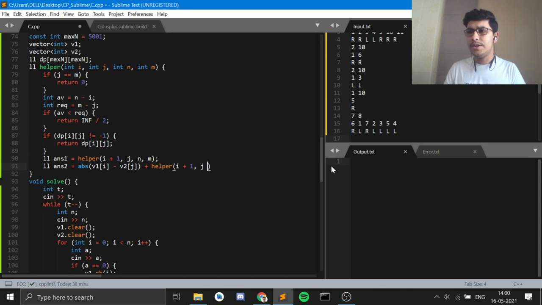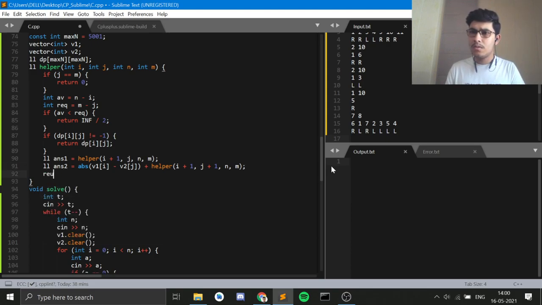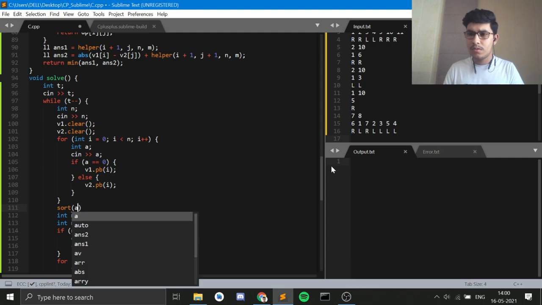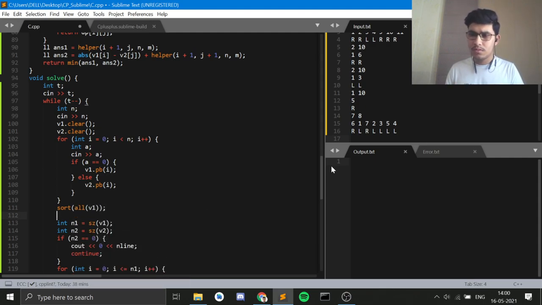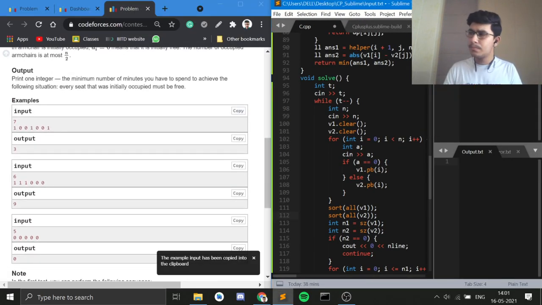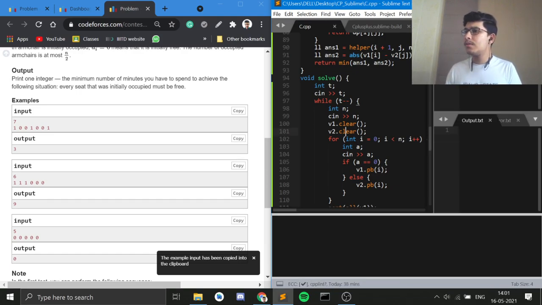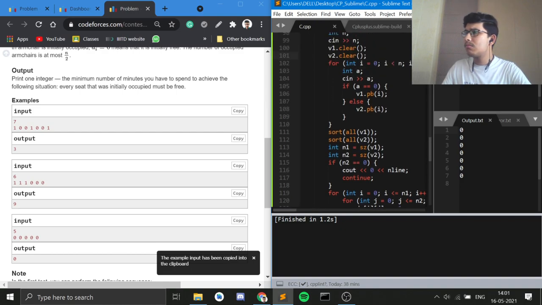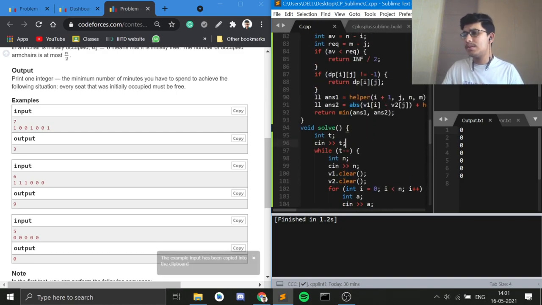Helper i plus 1, j plus 1. And I also need to sort these vectors. So let's see the answers. Okay, are there test cases? No, there are no test cases, right?